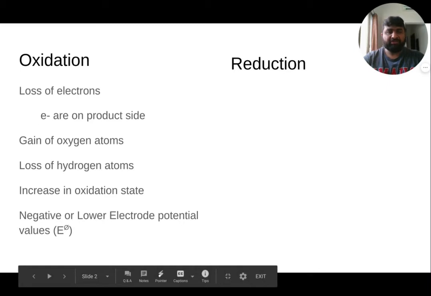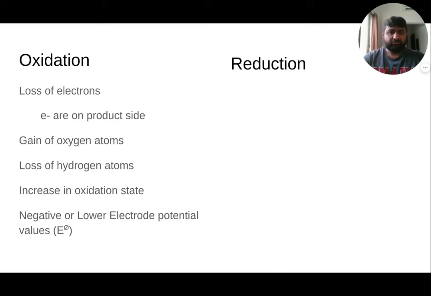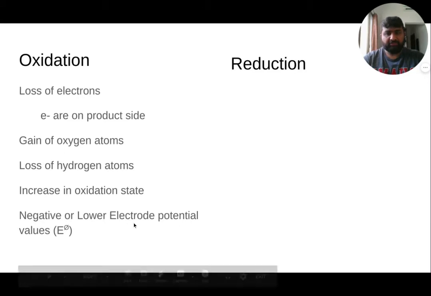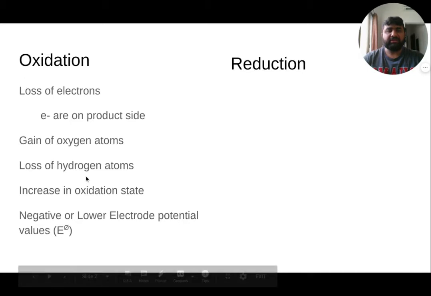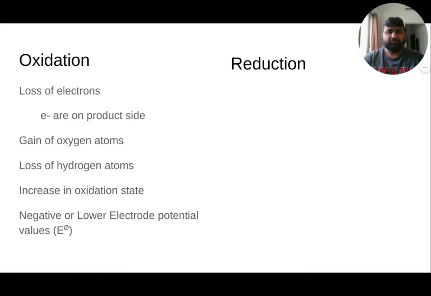You don't have to memorize any E value. We just need to understand and apply what an E value is and what information it can give us. Now you have five definitions for oxidation and exactly opposite definitions for reduction.